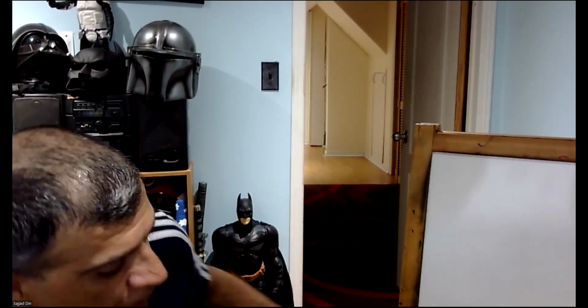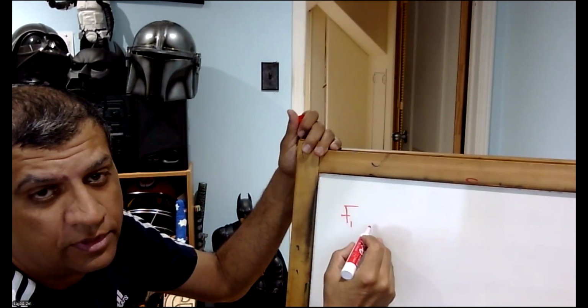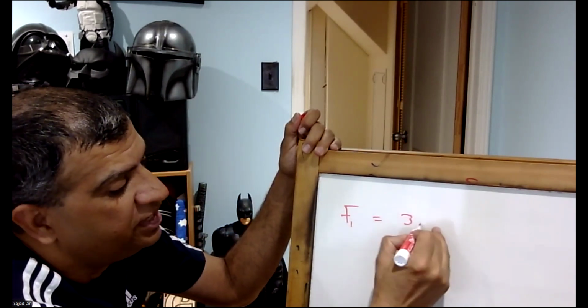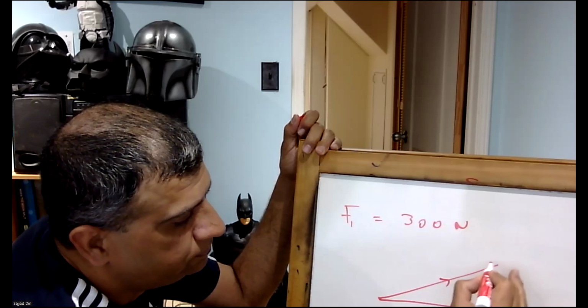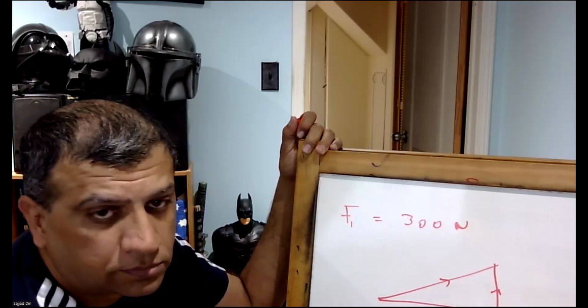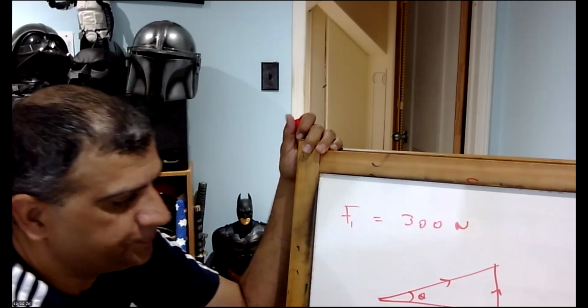All right, let me start working on this with you guys. Let me know if I got the right answer. So F1y, so F1 is equal to 300 newtons. It's at an angle. So what is this angle equal to?